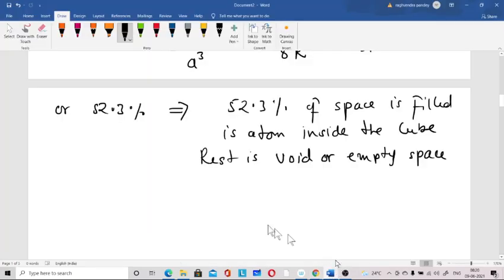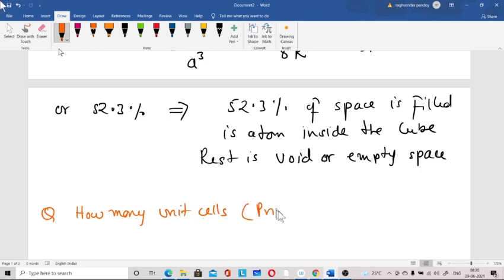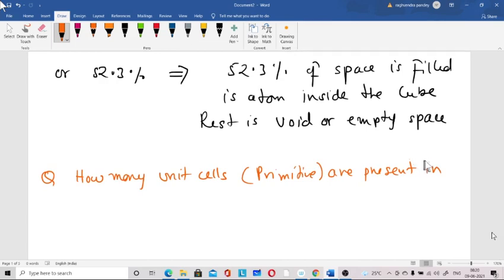Now coming back, let's take one question for your understanding. How many unit cells, let's take them primitive, are present in 2.38 gram of uranium?